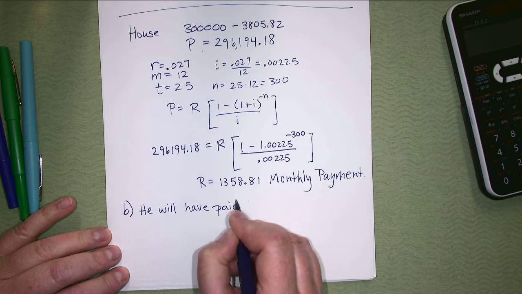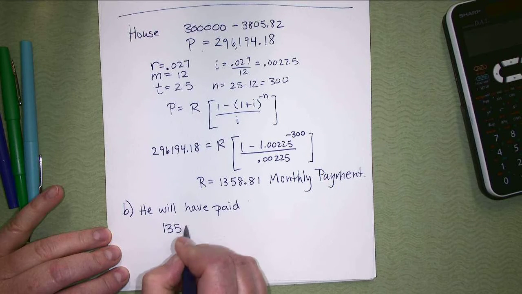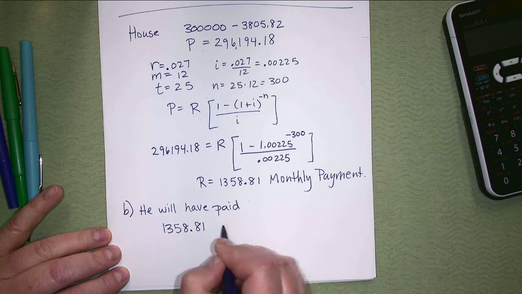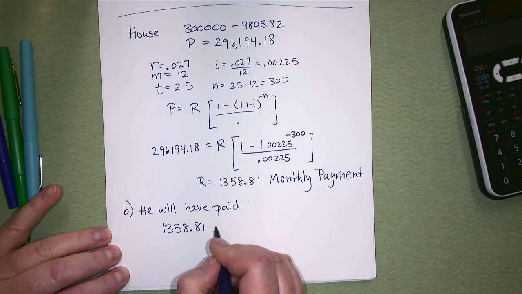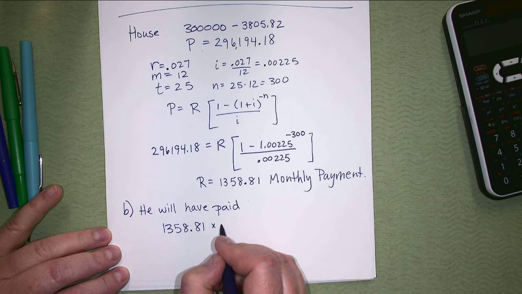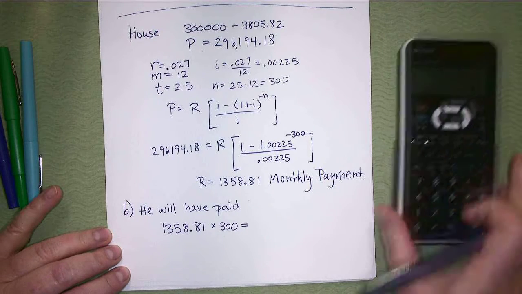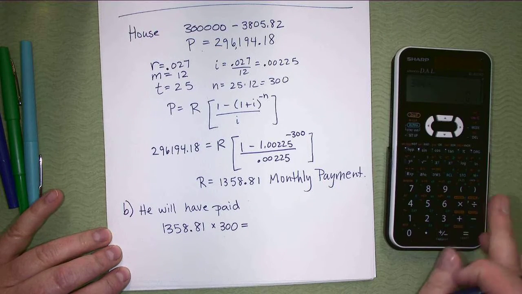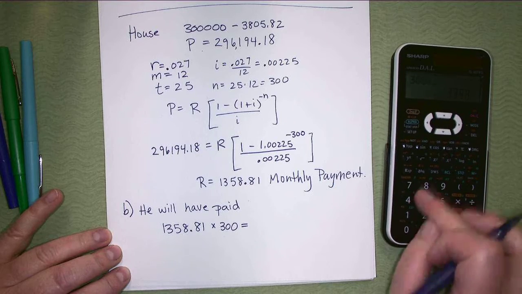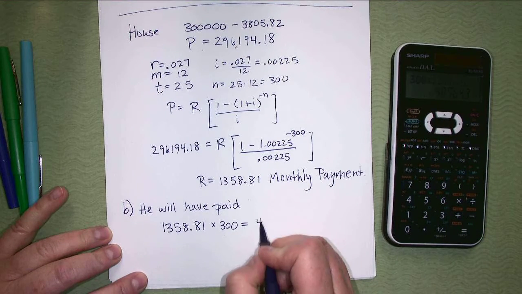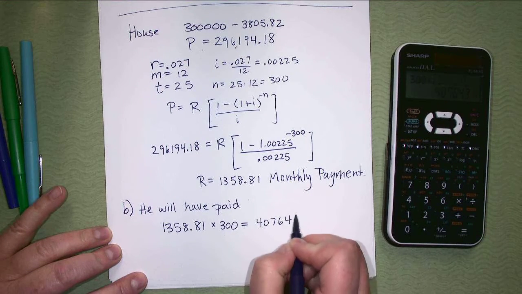So he's going to pay $1,358.81, how many times? 12 times a year times 25, so that's times 300. Plus his down payment.